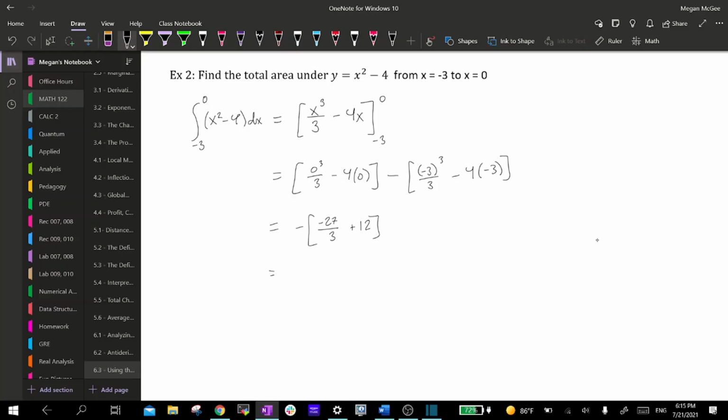All right, so this becomes +9 minus 12, and we end up with -3 as our final answer. All right, so the total area under the curve is -3, which means we must be below the x-axis for it to be counted negative, right?